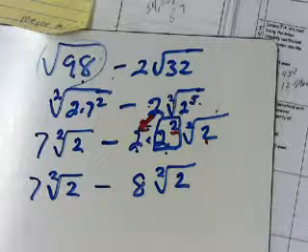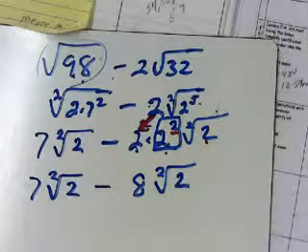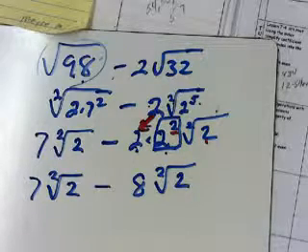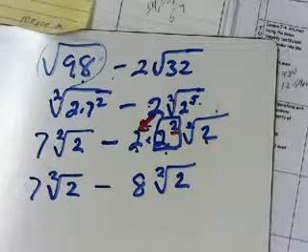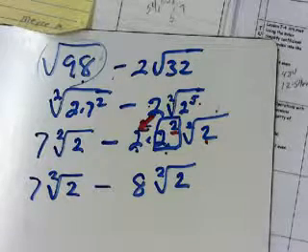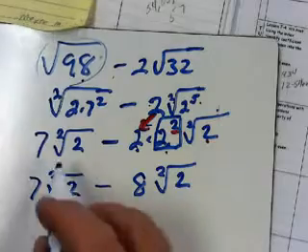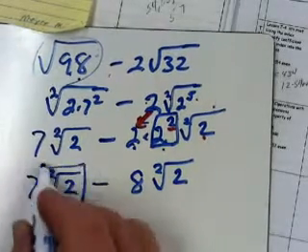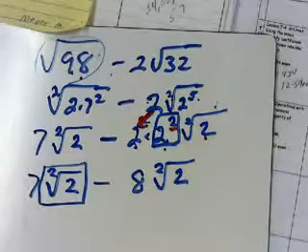Now if I'm adding and subtracting, I have to look for similar terms, don't I? You don't see any x's or y's or anything like that in here, do you? But the similar term comes from this radical having the same index and the same number inside the radical as this one does.